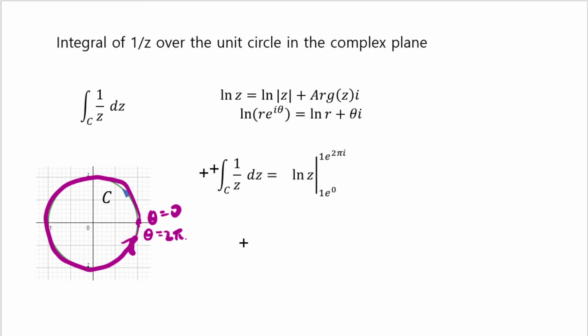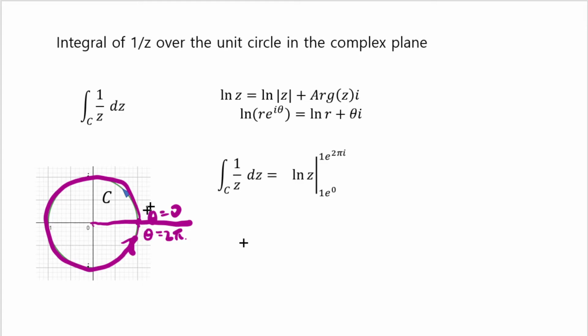In fact, in a sense, log of z is a multi-valued function in the complex plane. So if you want to define the function on the complex plane, then you have to do something called a branch cut. So you just say that the argument of z has to give you a value from 0 to something less than 2 pi.